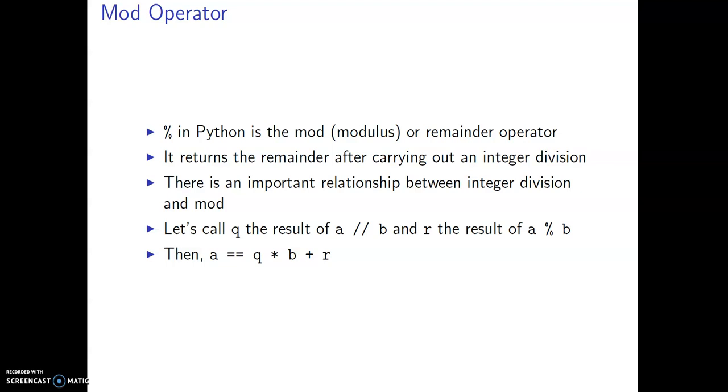Let's say Q is the result of A divided by B, and R is the result of A modulus B. Then this expression is true: A is going to be equal, remember that's our comparison operator for equality, to Q times B plus R. So R is our remainder. Q is the number of times that B can be divided into the number A.